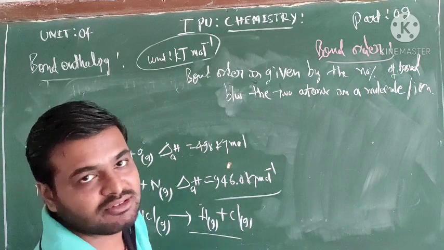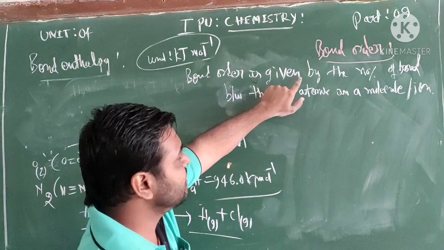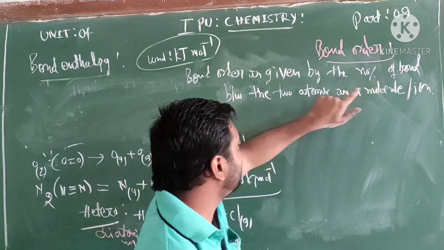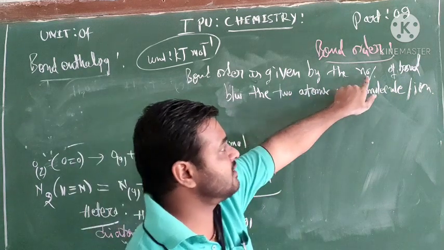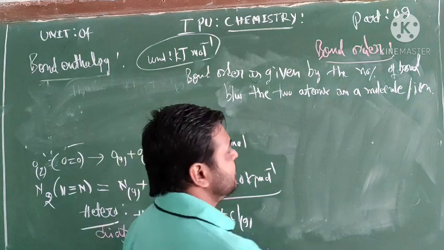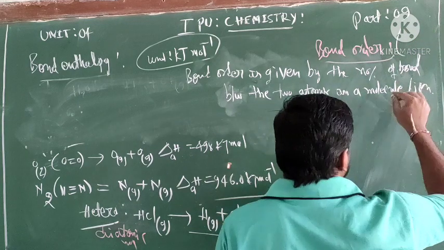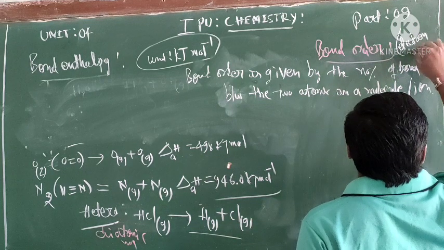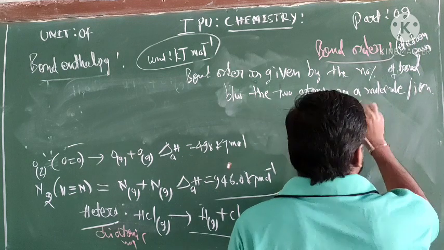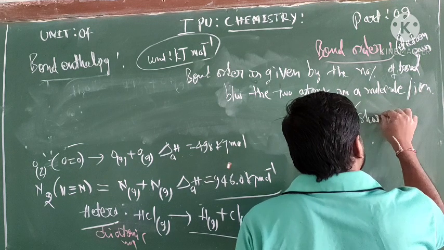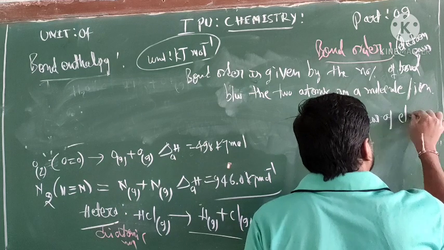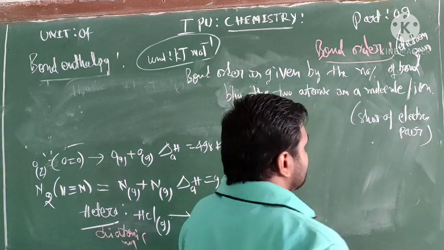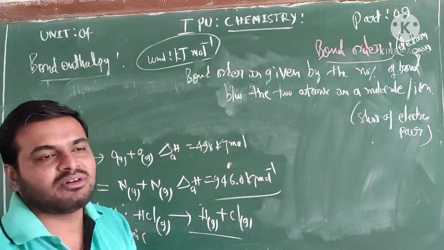This is the definition of bond order. It is given by how the number of bonds has formed. The bonds are prepared by electron pairs, that is, by sharing of electron pairs.